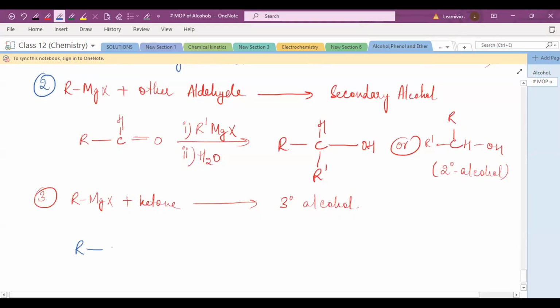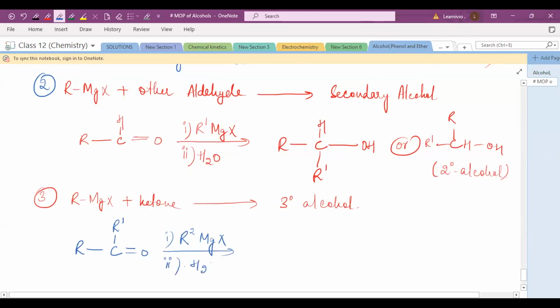Suppose we have R, CO, and here other R dash. Two different alkyl or same भी हो सकते हैं alkyl groups. So first step, Grignard reagent. Because you are taking the R and R dash, तो आप Grignard reagent को आप R2 लिख सकते हो, to differentiate between the alkyl groups. So R2 MgX.